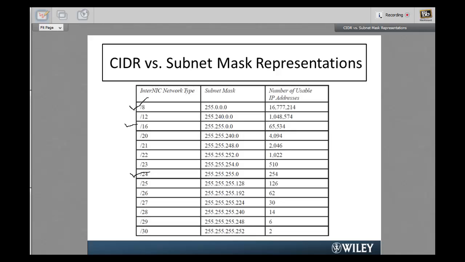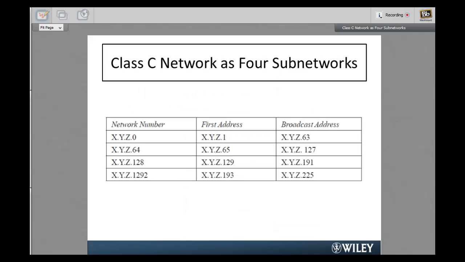We can identify the network by the subnet mask, or we can identify it by writing it in CIDR. Okay, see here, this is an example of a classful network of class C that was divided into 4 subnets. So you see that this is the first network, which has addresses from 0 until 63.